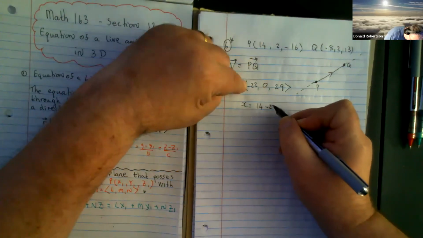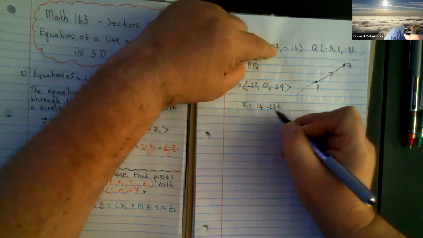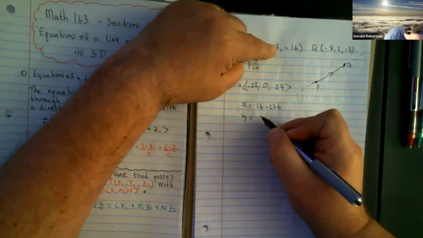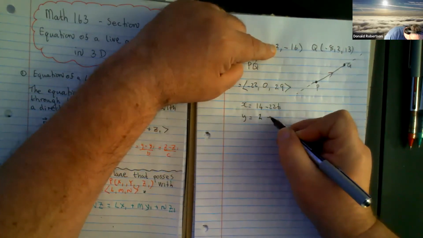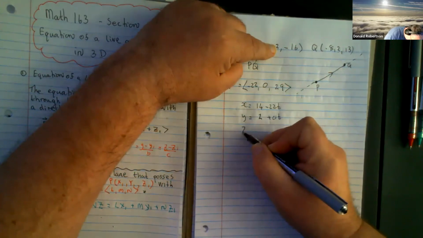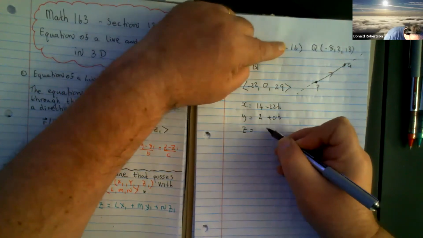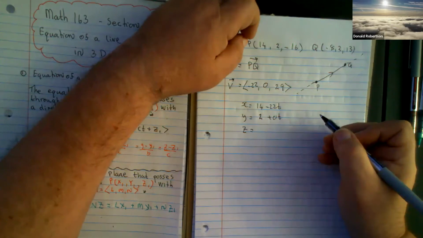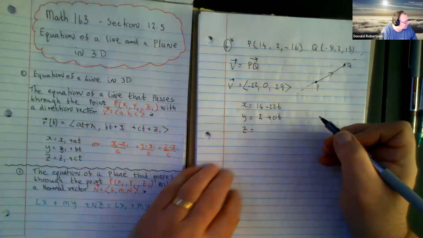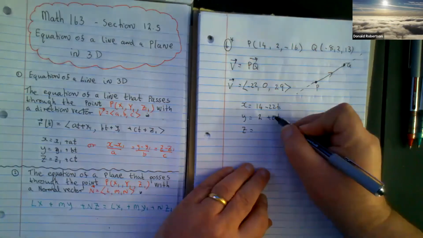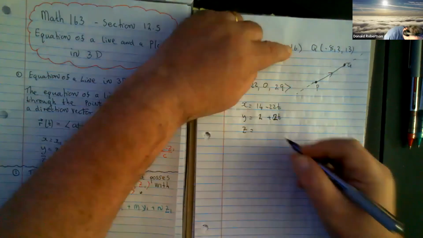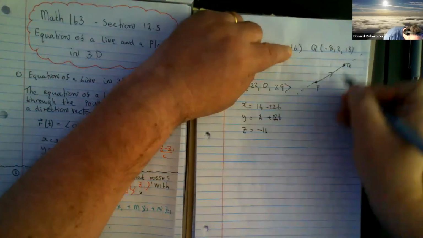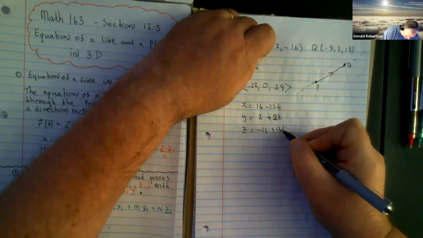14 take away 22t. The y, the second one, is 2 plus 0t. And the z, did I just say that? I did, didn't I? Why did I say 2? There we go, 2. And the last one, negative 16 plus 13t.